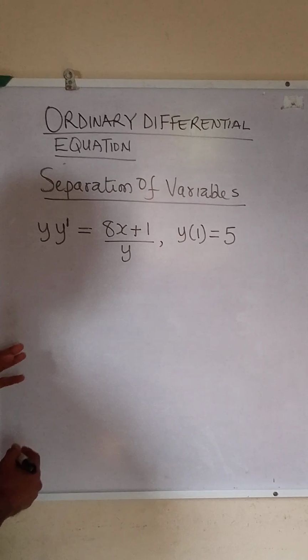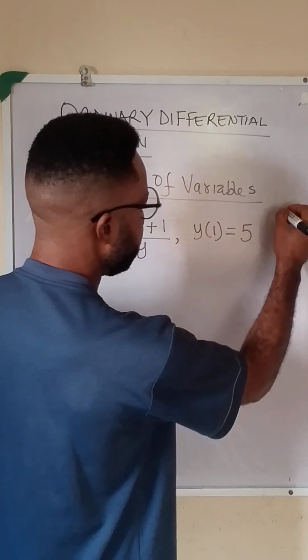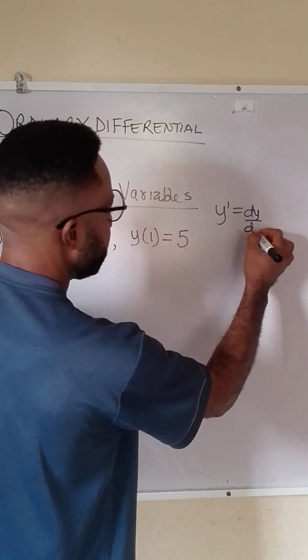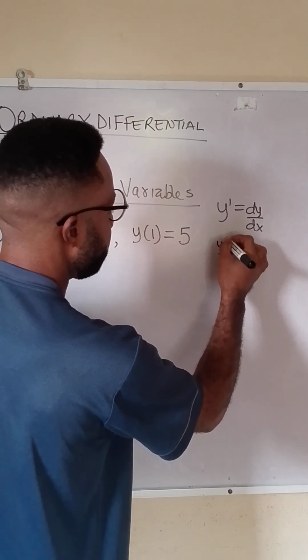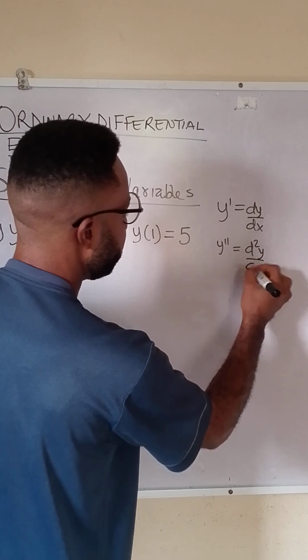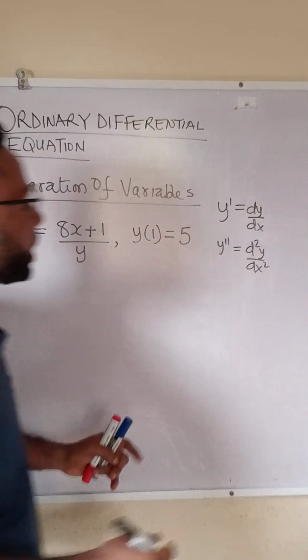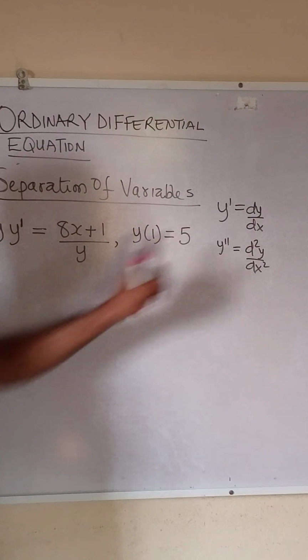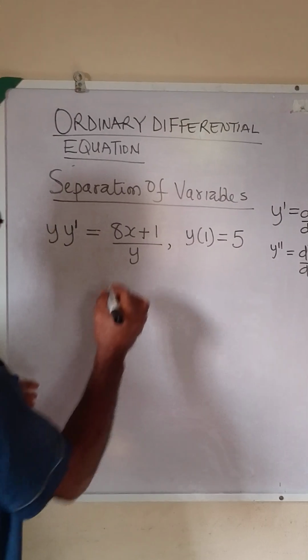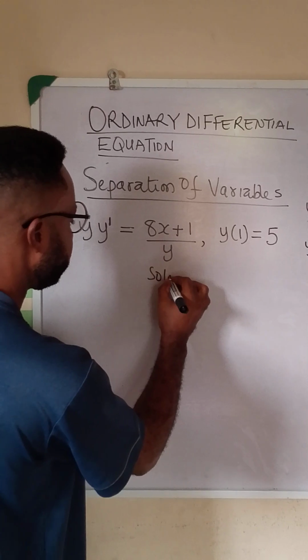Now in differentiation, y prime is the same thing as dy/dx. y double prime is the same thing as d squared y over dx squared. So we are going to bring that value into this. So let's take the solution.